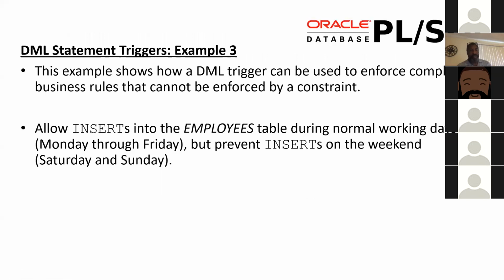That example shows how DML triggers can be used to enforce complex rules, if you have business rules. If you want to place that as a before trigger, especially with inserts, and you don't have certain constraints. So in this example, we're going to study a trigger that will not allow any updates or inserts in the employees table over the weekend. The only time that table can be modified is during the week, probably during work hours.